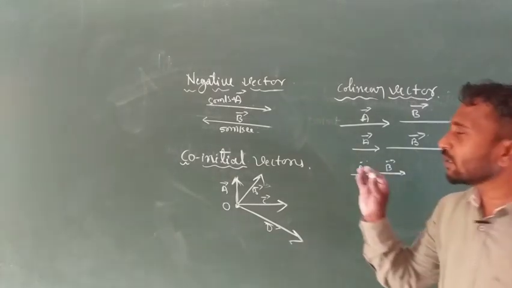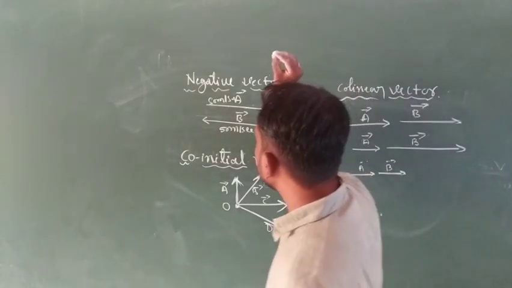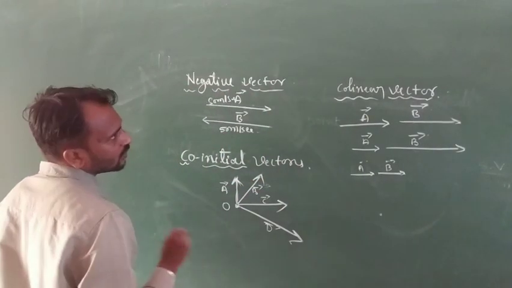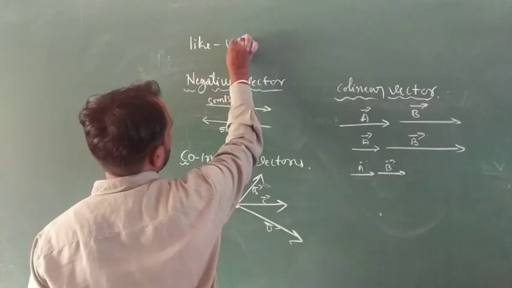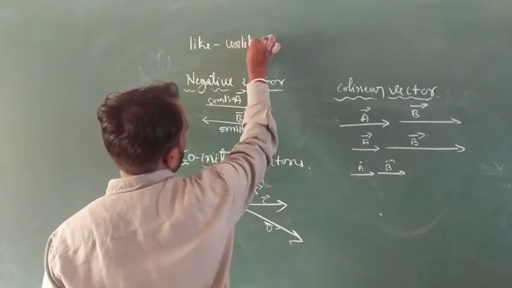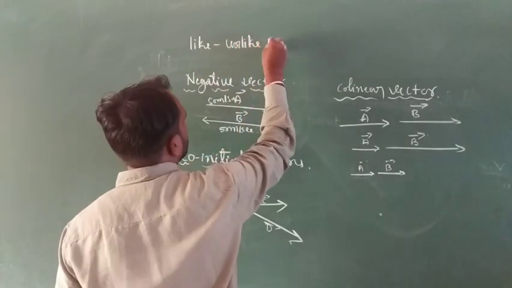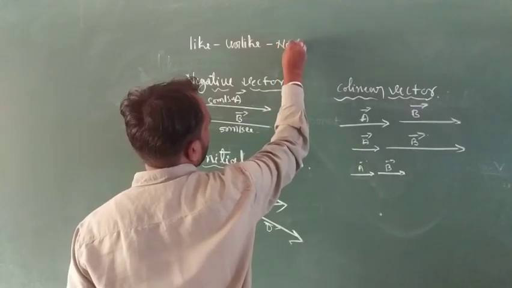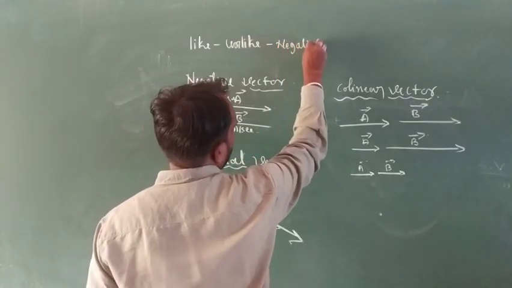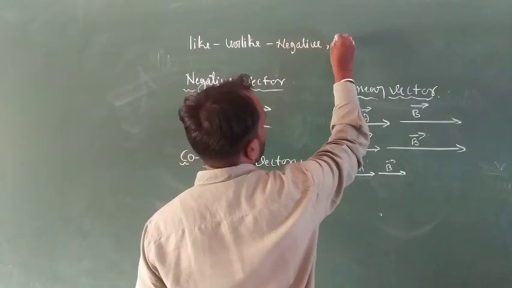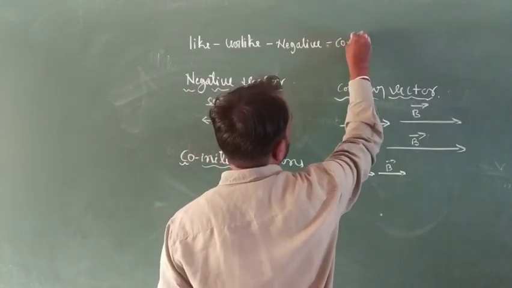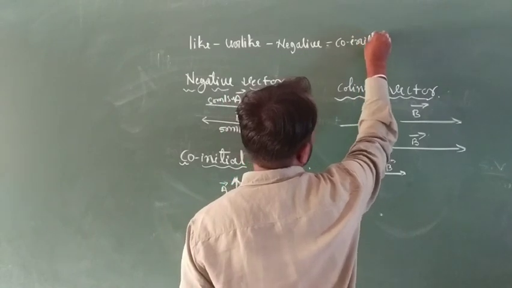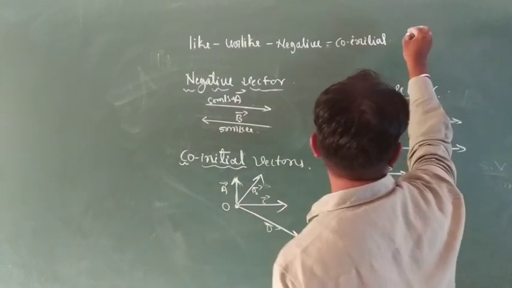Yes, so the first one is like vectors, like, unlike, negative. Another one is co-initial.